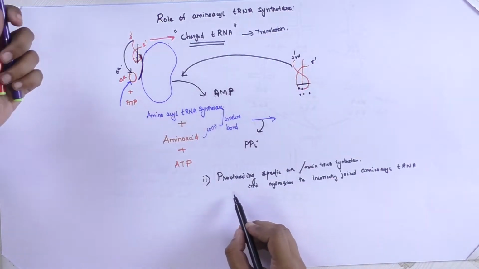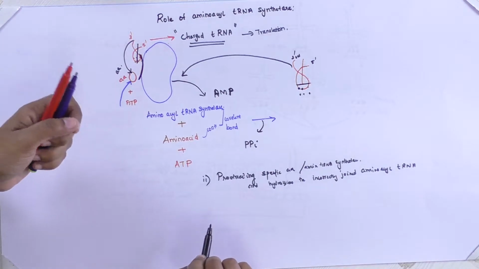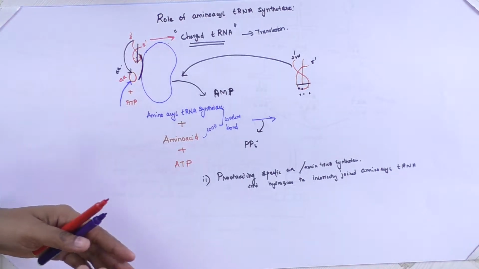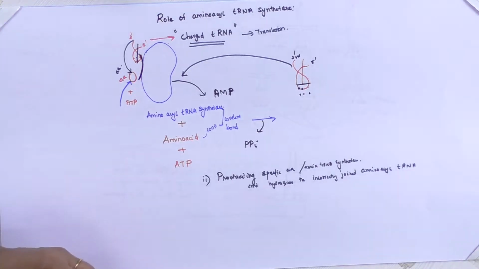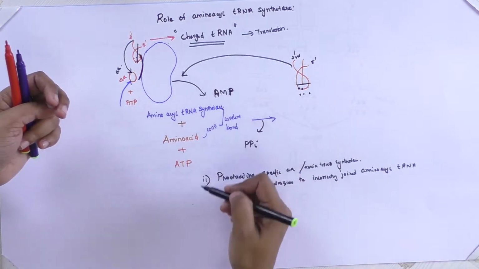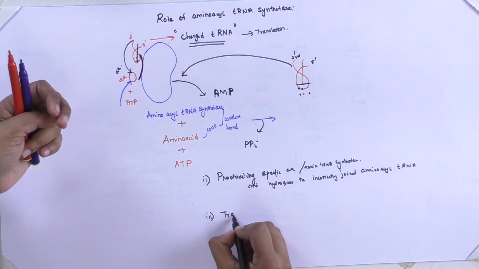It undergoes proofreading, that is, only specific amino acids will come and bind to the amino acid tRNA synthetase, and it hydrolyzes the incorrectly combined amino acid tRNA that binds to the enzyme. Both of these processes help in translation together.